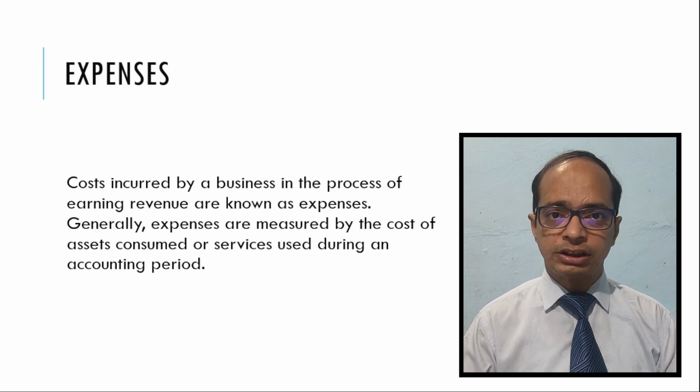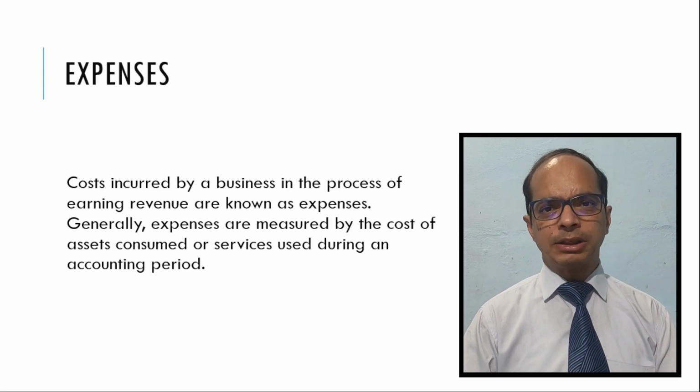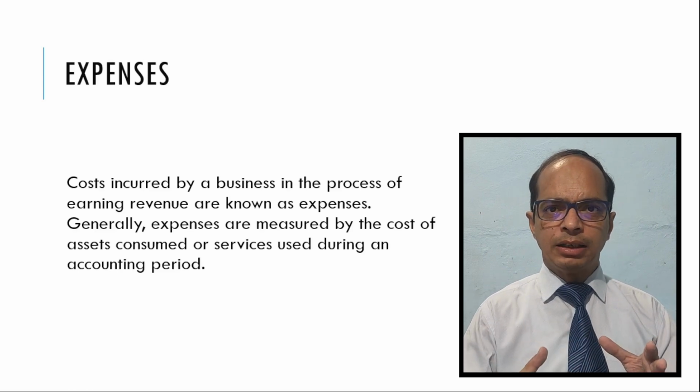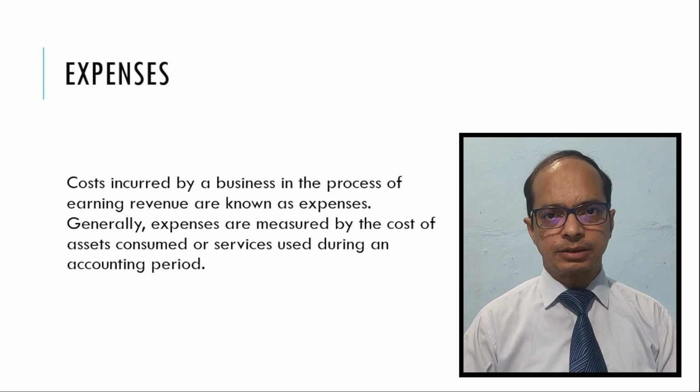It is not a charitable institution where a person comes and serves free of cost. We are talking about a business organization, and a business organization is always started to earn profit. So we have to pay salary to this person. That is also part of expense. There are different types of expenses. If we broadly classify, there are two categories of expenses: direct expenses and indirect expenses.